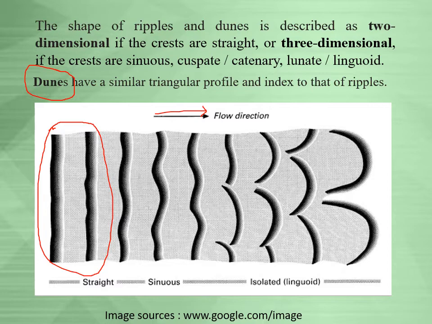That is, the wavelength and amplitude are in meter scale. So it is the larger version of ripples. Similarly, dunes are formed the same way as ripples are formed, and dunes also show almost these types of crest morphological variations, but the names are a little bit different. That I will come to in my later slides.